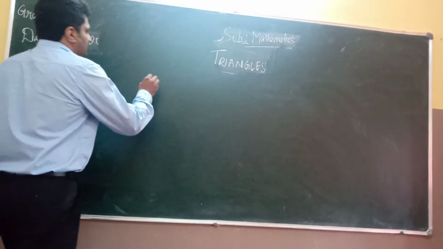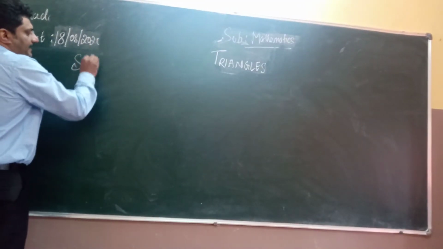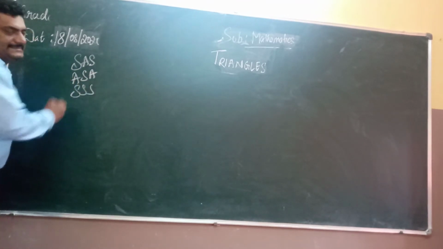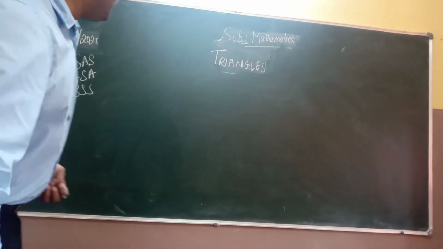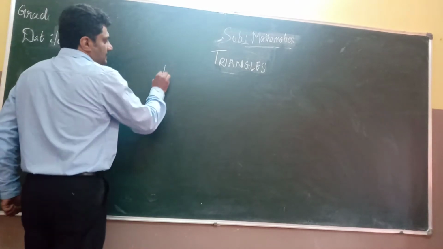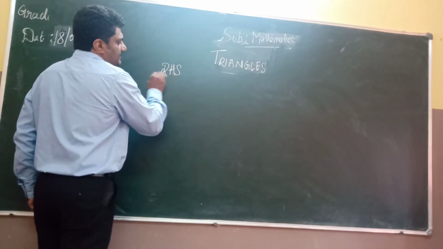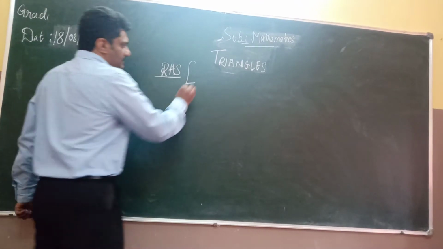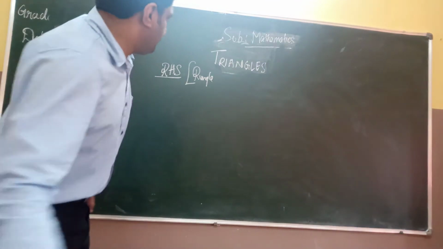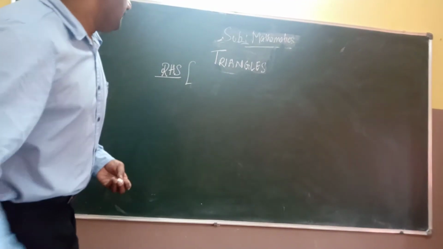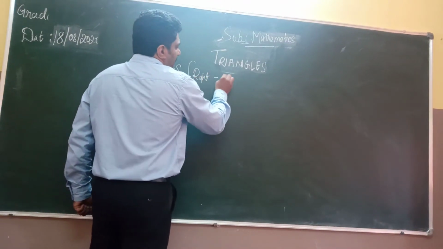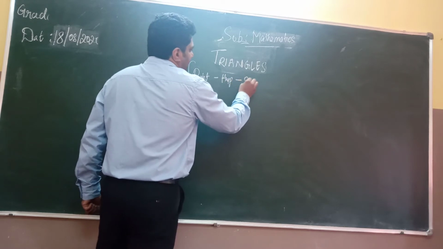Now we are done with SAS, ASA, SSS. Three of them we are already done. The fourth one is RHS. What is the meaning of this? It is right angle, hypotenuse and side.